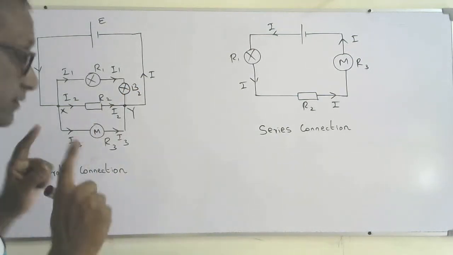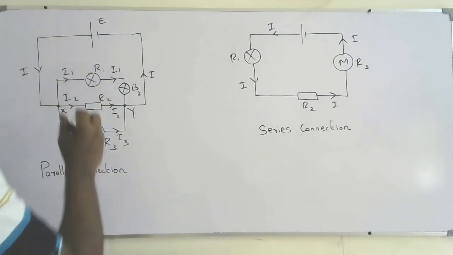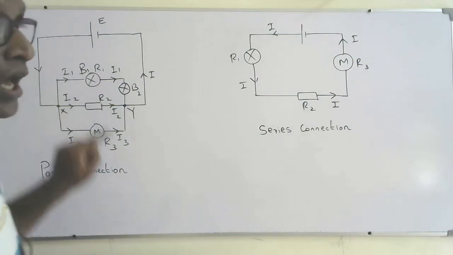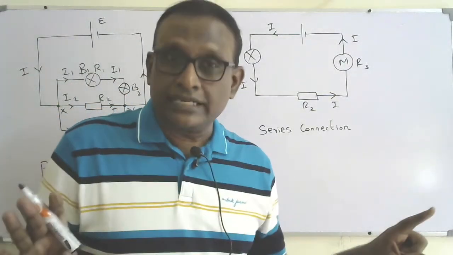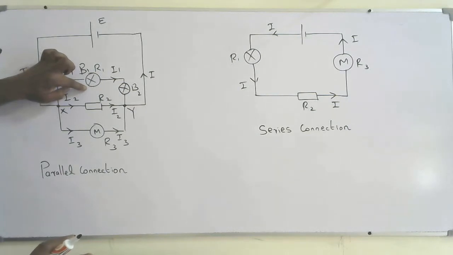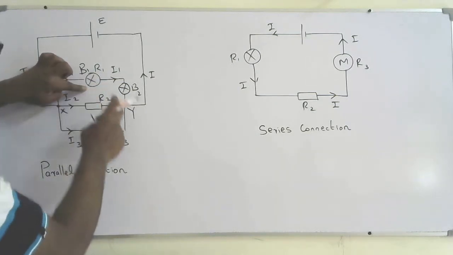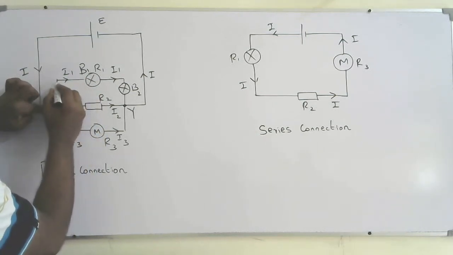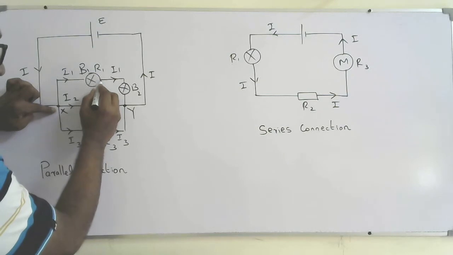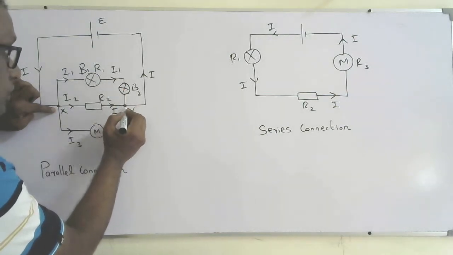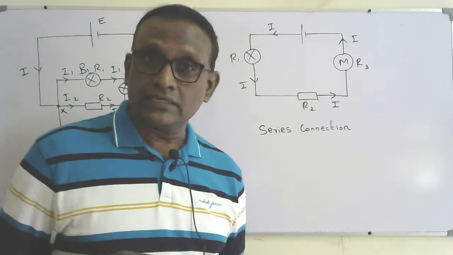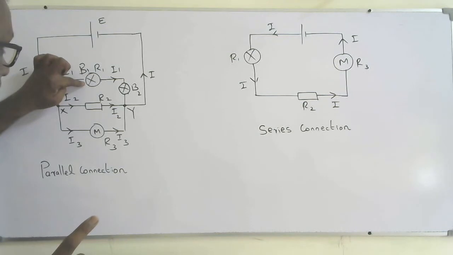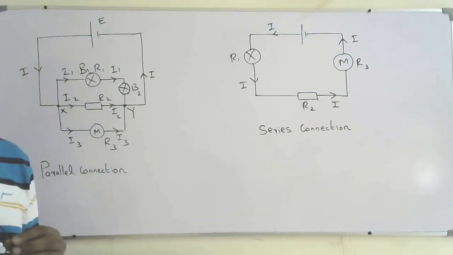Then, if I name this bulb V1, I can't say V1 and R2 are connected in parallel, that is a wrong statement, because the terminal of the bulb is not directly connected to the junction. One terminal is directly connected to this junction, and the other terminal is connected to the bulb V2, not to the junction Y. So I can't say V1 and this resistor are in parallel; it is a wrong statement.